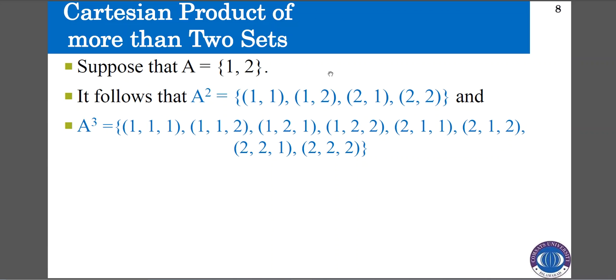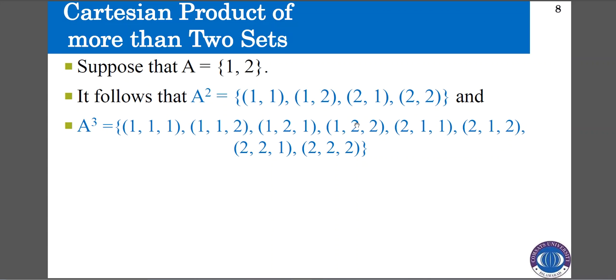Suppose set A is equal to {1, 2}. It follows that A² will be the pairs (1, 1), (1, 2), (2, 1) and (2, 2), and A³, A cube, will be the triples (1, 1, 1), (1, 1, 2), (1, 2, 1) and so on. The last one of these will be (2, 2, 2).